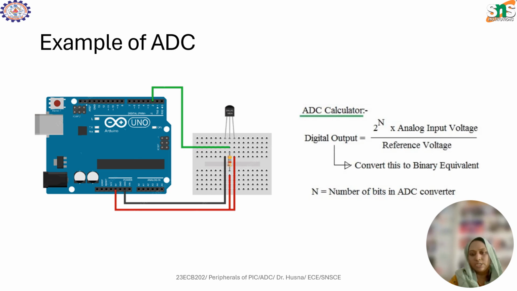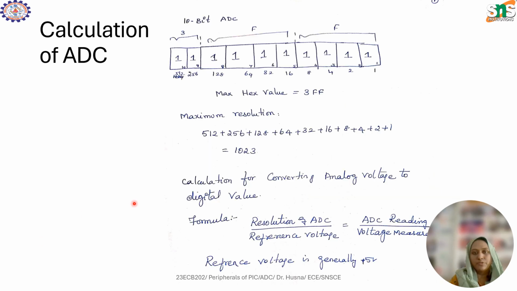We have this calculation for converting the analog value to the digital value: digital value equals 2 power n times the analog input voltage divided by the reference voltage. Let's see how we do this in a real scenario. I'll explain with an example.